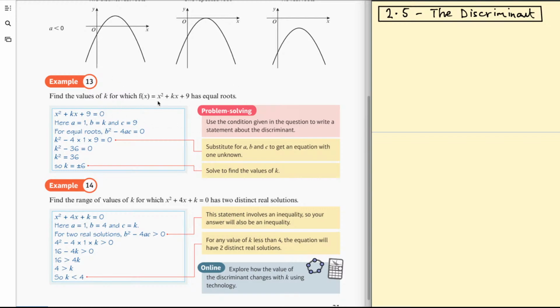I've seen questions in A2 exams just like this one, so this is a really important topic to get to know. So if it has equal roots, well, firstly, we recognize what the values of a, b, and c are. So a, in this case, is 1, b is k, and c is 9. And then we write down the discriminant equal to 0. We plug those things in, and then we can solve for k.